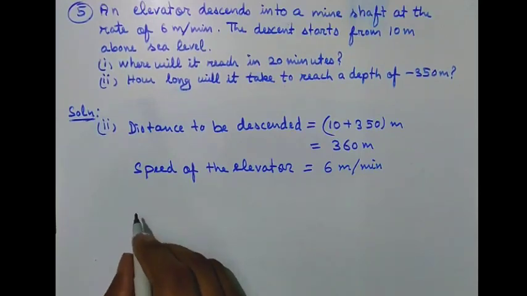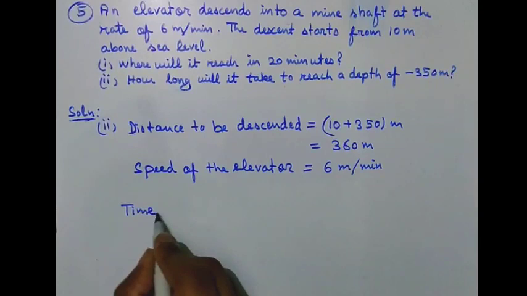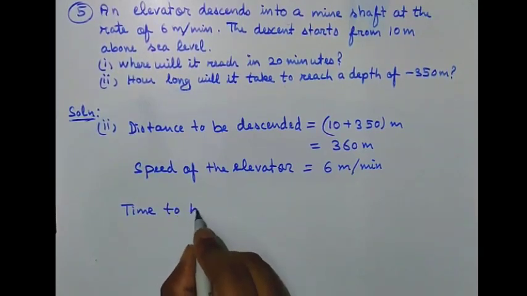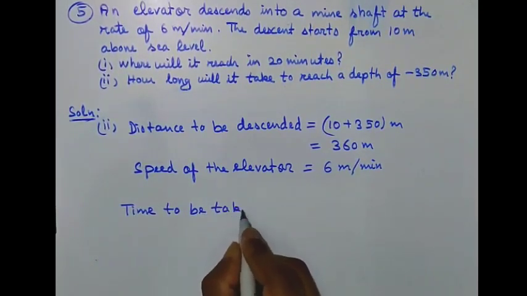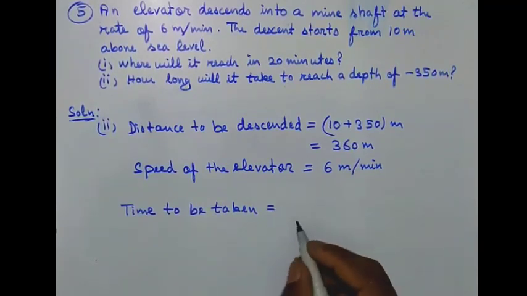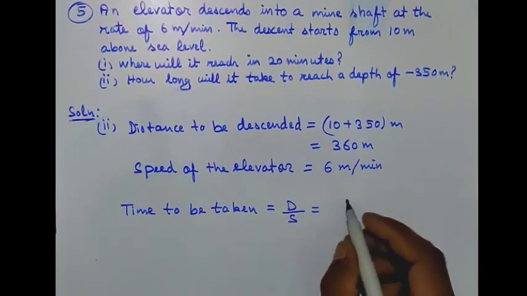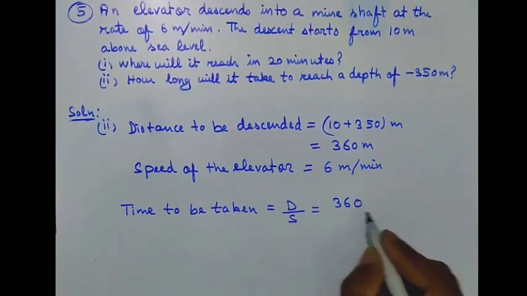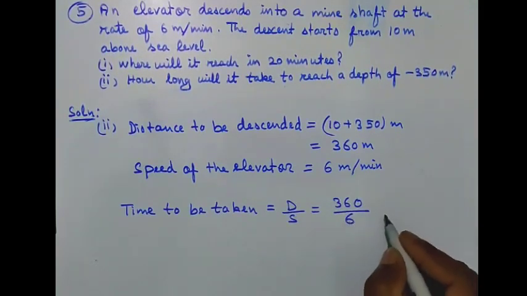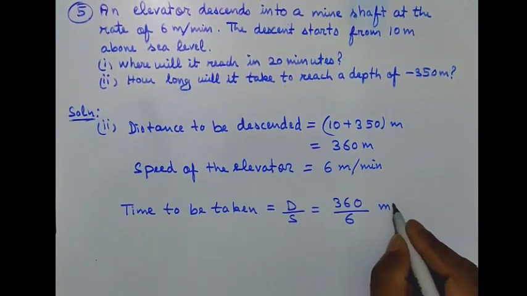So simply we can say time to be taken will be equal to distance by speed, right, which will be equal to 360 by 6 minutes.